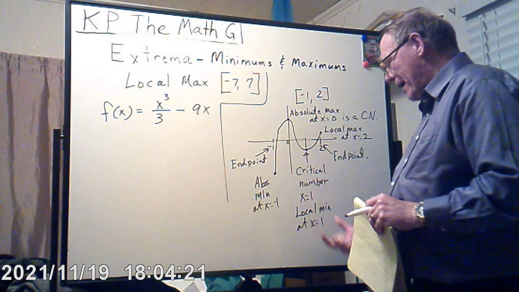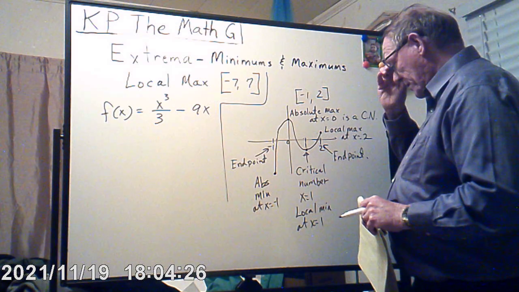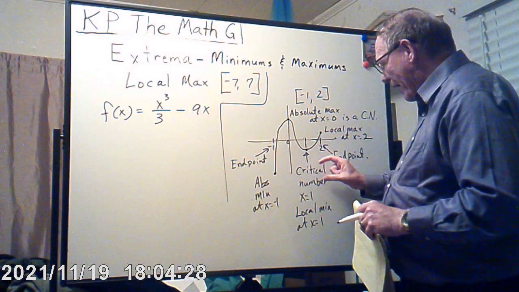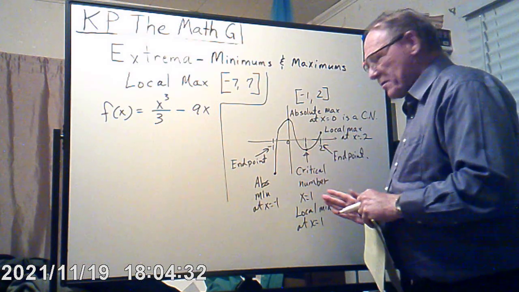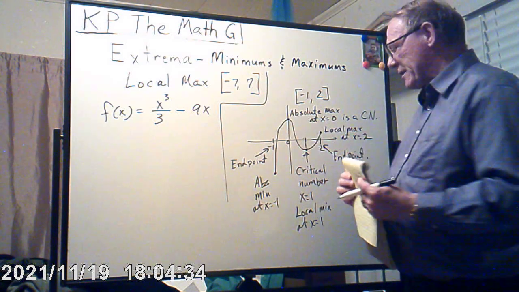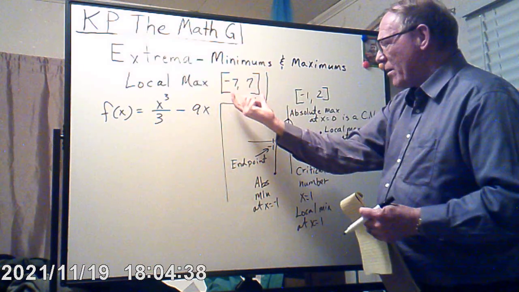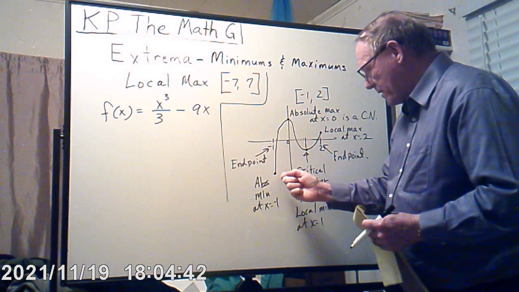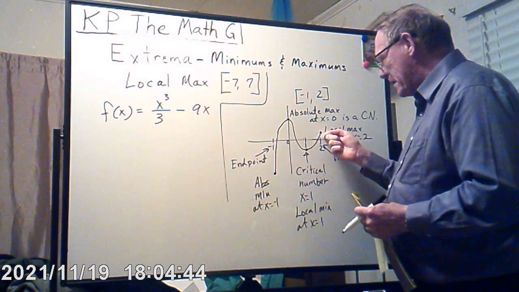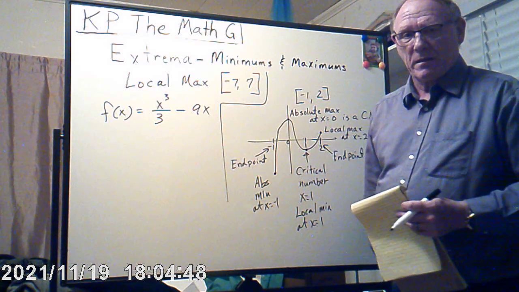So a lot of times students think you have a max or min just only at the critical numbers, and a lot of times students will just look at the critical numbers. But when you're looking at Extrema on a closed interval, then you must look at the endpoints and the critical numbers. Okay?